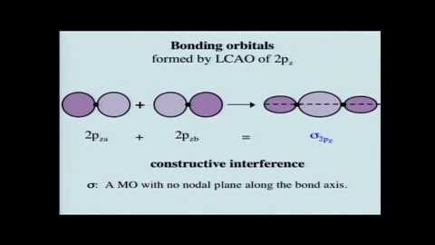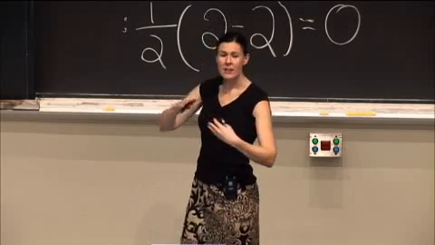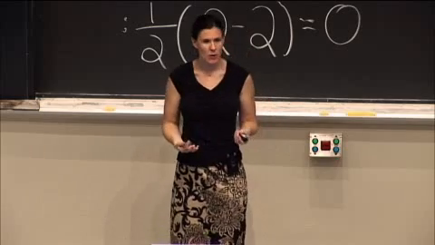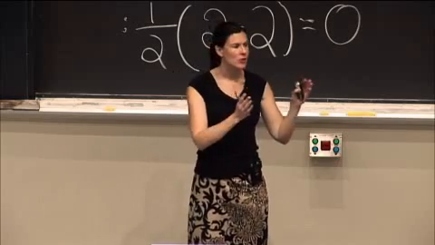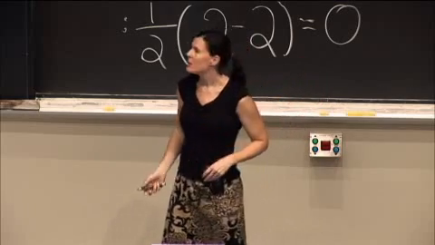The reason that it's sigma is if you look at the bonding axis here, there is no nodal plane along the bonding axis. Also, it is cylindrically symmetric around the bonding axis, so this is how we know that it's a sigma orbital. So some p orbitals form pi molecular orbitals, and some form sigma p orbitals.